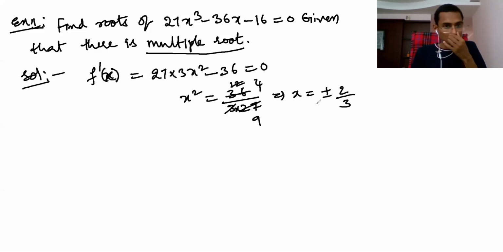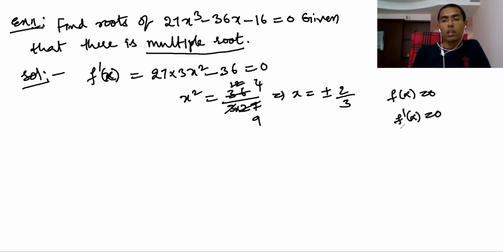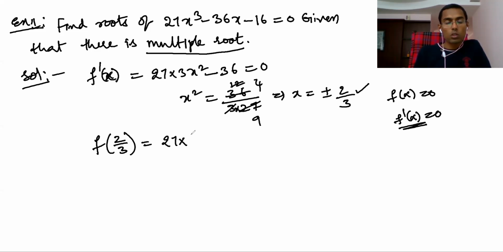That means 2 by 3 or minus 2 by 3 must be the root, because we know f of alpha must be 0 and f dash of alpha must be 0. If you equate f dash of alpha to 0, you are getting this alpha value. So now if I substitute 2 by 3 in f, what's going to happen: 27 into 8 by 27 minus 36 into 2 by 3 minus 16.